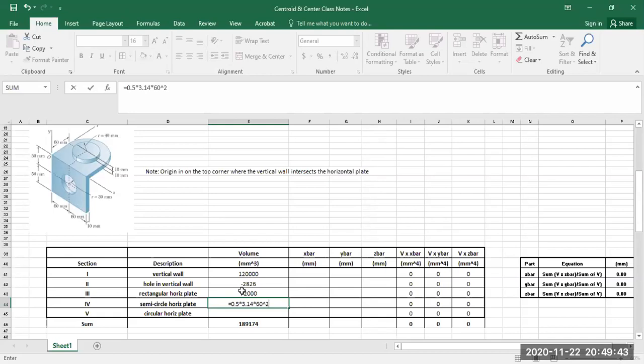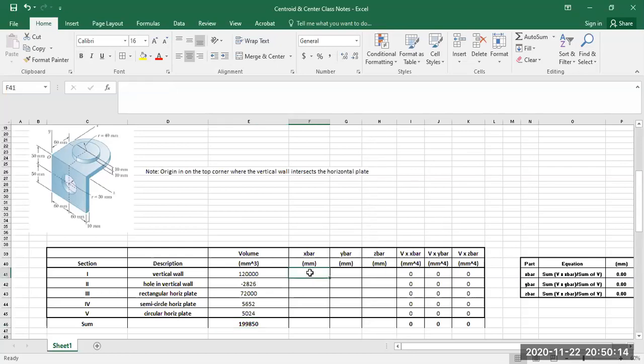So 1/2 pi r squared. And the last one, the circular plate up on top, is pi r squared, so 3.14 times, and the radius is 40 squared. Now we have the volume of all 5 pieces, and we sum them up, taking into account that the hole is negative.